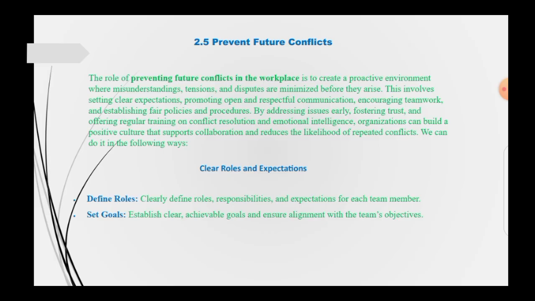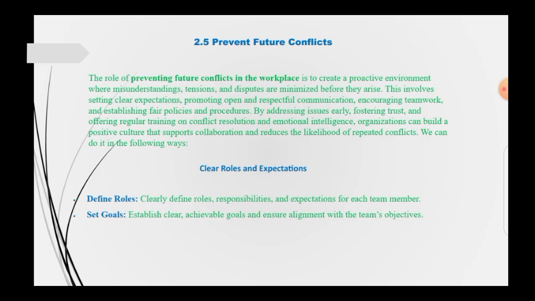We understand that preventing future conflicts in the workplace is essential for maintaining a productive, positive, and collaborative environment. When potential conflicts are identified and addressed early, it reduces tension, builds stronger working relationships, and fosters mutual respect among employees. Proactive conflict prevention through clear communication, well-defined roles, and consistent policies minimizes misunderstandings and avoids disruptions to workflow.